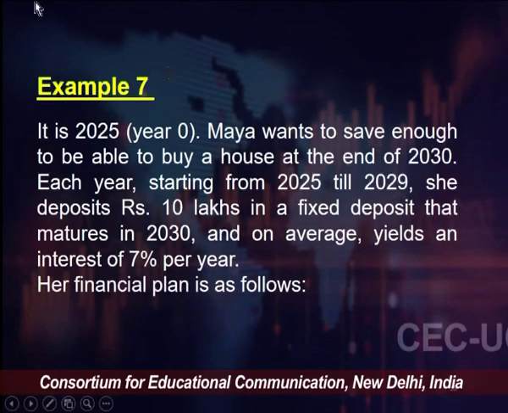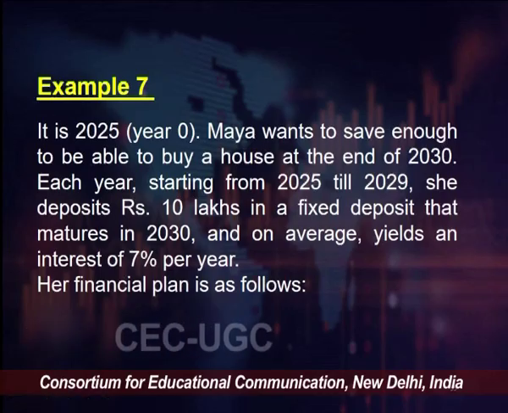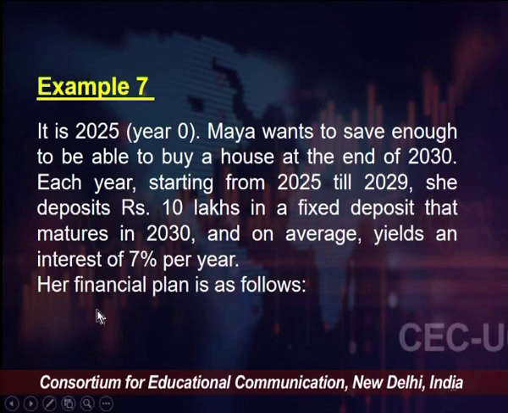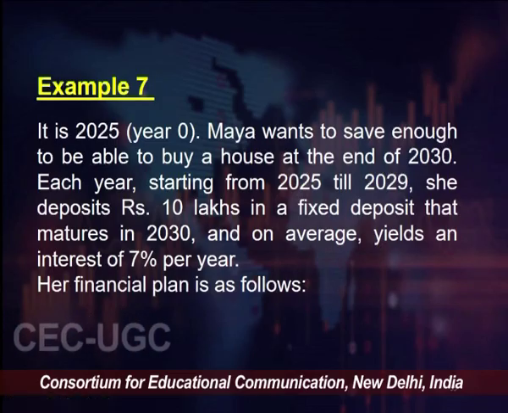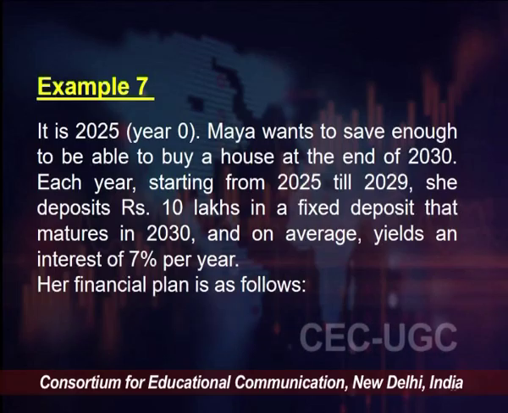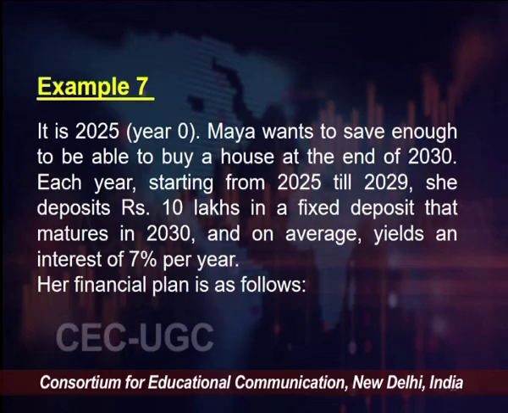The example that I am showing you now is a good start for getting into things like finance, compound interest, financial economics, and let us take a look at this example. So, basically you have this person Maya who wants to be able to save enough to buy a house at the end of 2030. So, today it's 2025 this year, which we are taking as year 0.